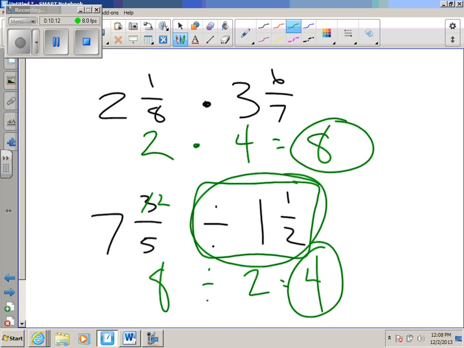Okay, so why did we not round 2 and 1/8? 1/8 is less than half. How many eighths would give us exactly half? 4? Yeah. Half is 4/8. That 1/8 is less, so therefore that 2 stays the way it is.